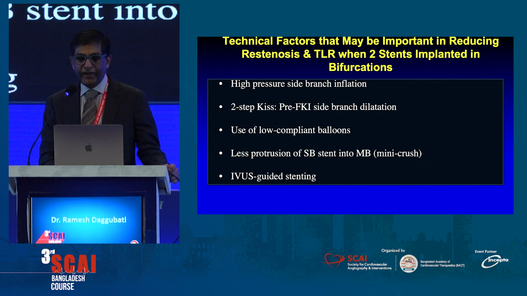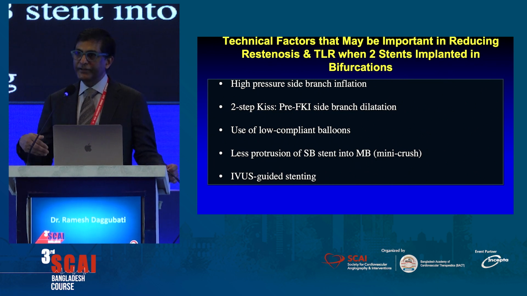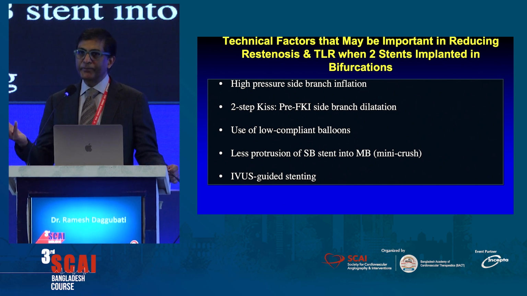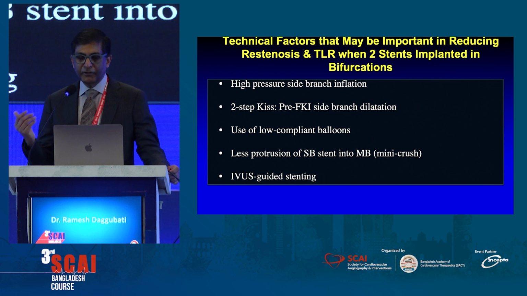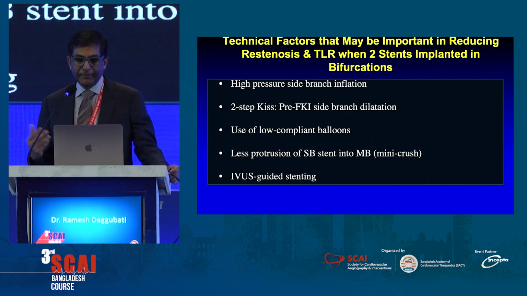So the technical factors that may be important in reducing restenosis and TLR when two stents are implanted in the bifurcations were high pressure side branch inflation, as we talked about, stepwise. First inflate high pressure in the side branch, then deflate it, inflate the main branch again at high pressure, deflate it, then go for a simultaneous kissing balloon inflation at a medium pressure like 8 to 10 atmospheres with both balloons, or even 12 atmospheres, but non-compliant or semi-compliant balloons.